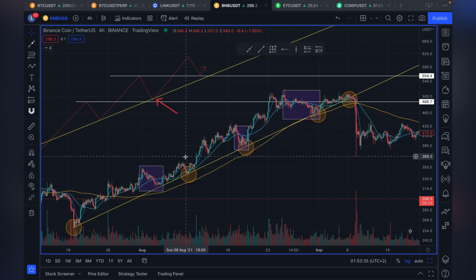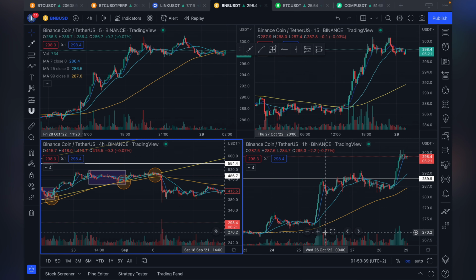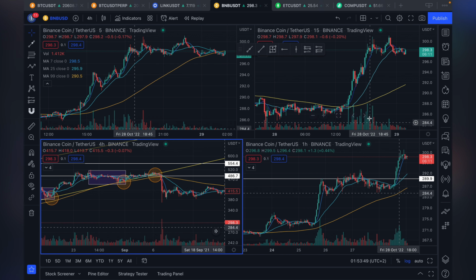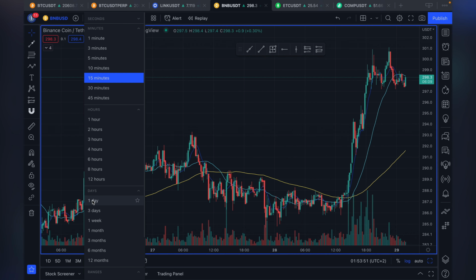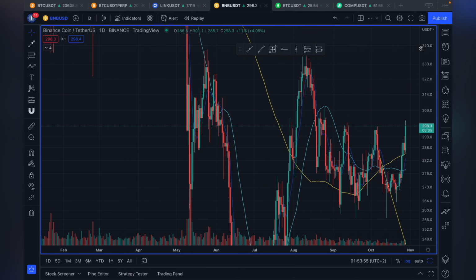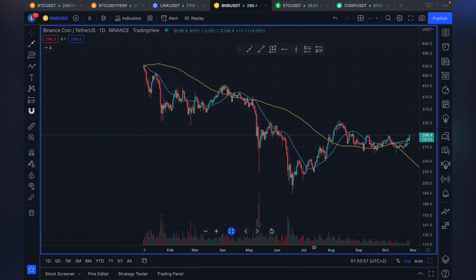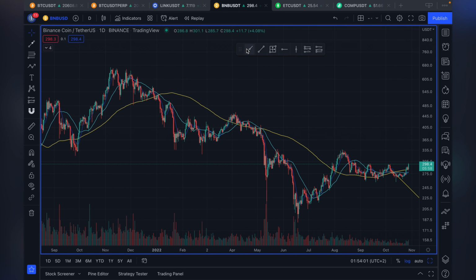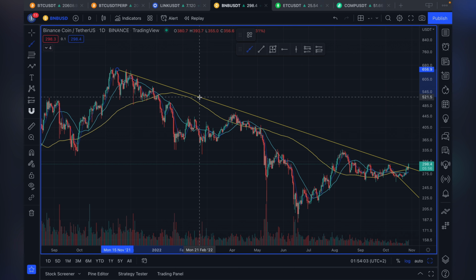And you can also understand that you can build these trend lines on any time frame, because there are general trends and there are local trends. What I mean by general trends are trends which you can notice on charts, for example, of 1 day or 1 month. You just open your chart on a 1 day time frame and try to build a trend line.